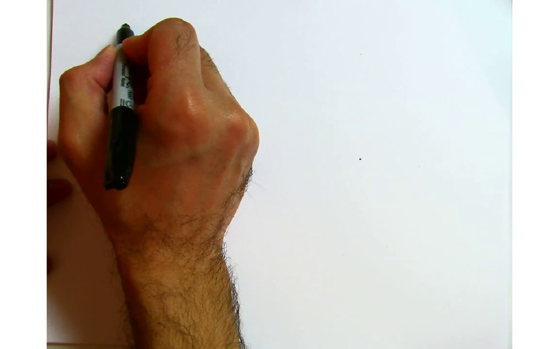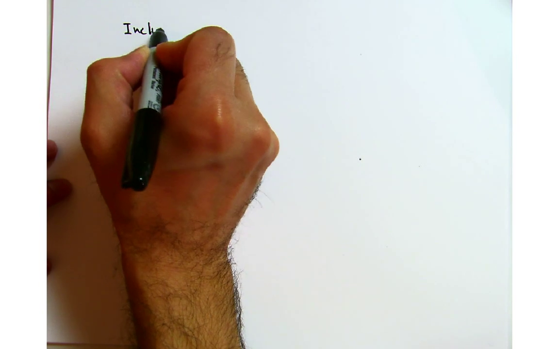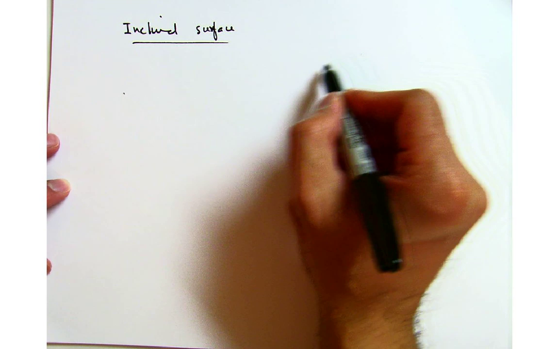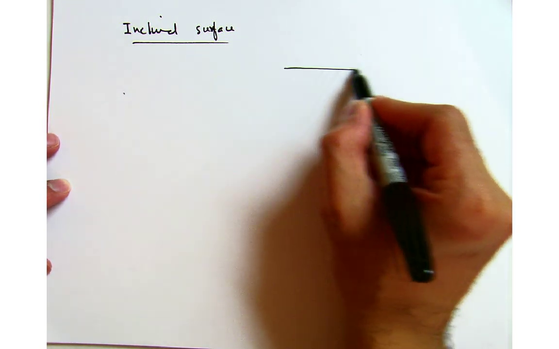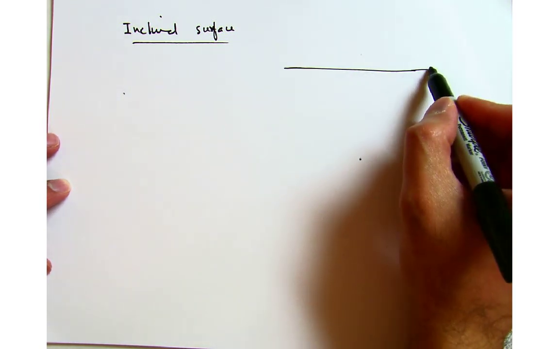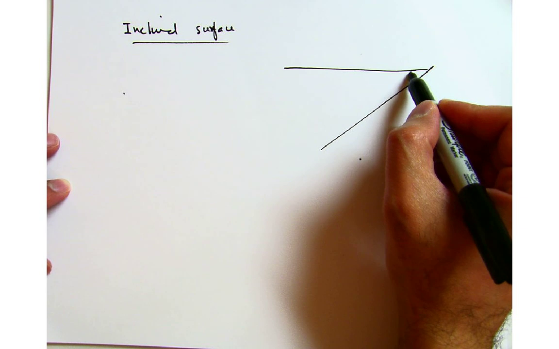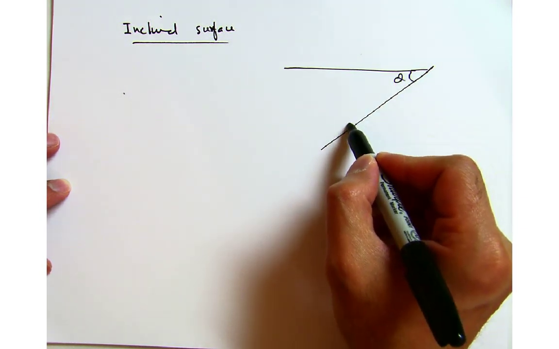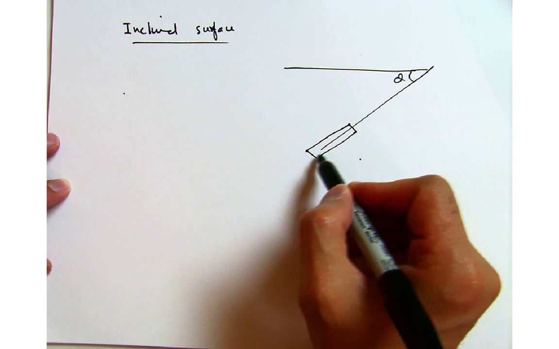So now in this case, for an inclined surface, we have a problem where we have this fluid and this surface is making an angle of theta, and you want to find the forces on a gate which is placed somewhere over here.